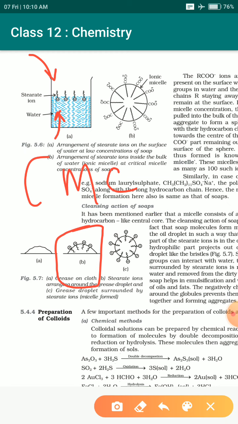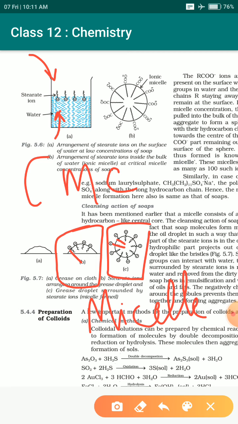The hydrophobic part gets into the dirt because it doesn't attract the water, and the hydrophilic part stays facing towards the water molecule so that it can attract the water. Slowly and gradually, the hydrophobic part pulls out the dirt and forms a small structure or aggregate that we call a micelle.